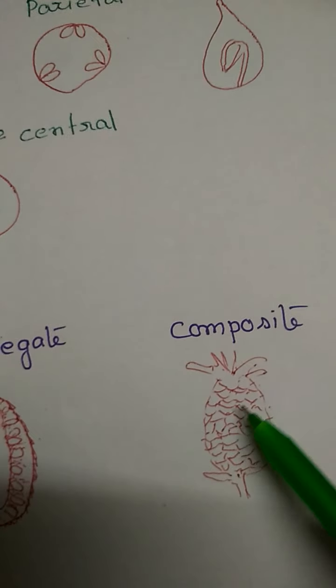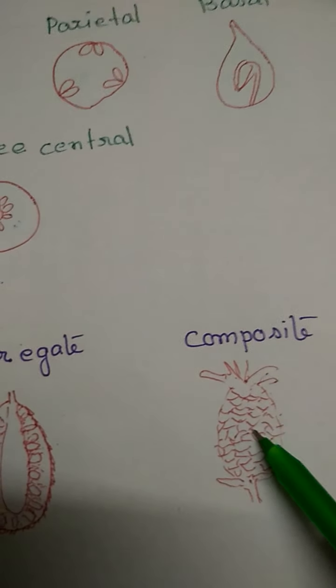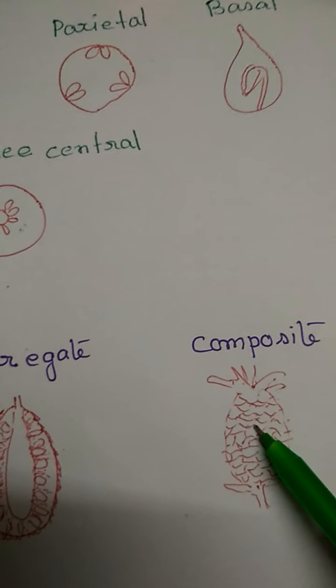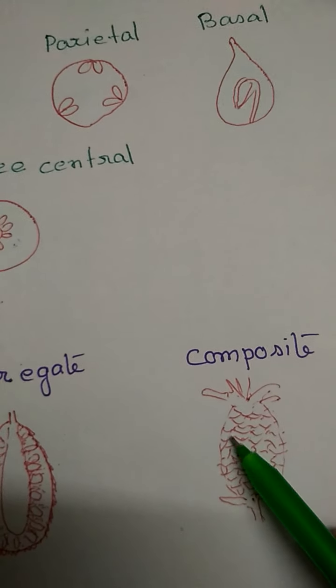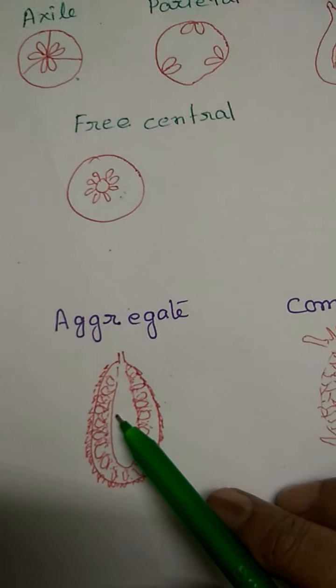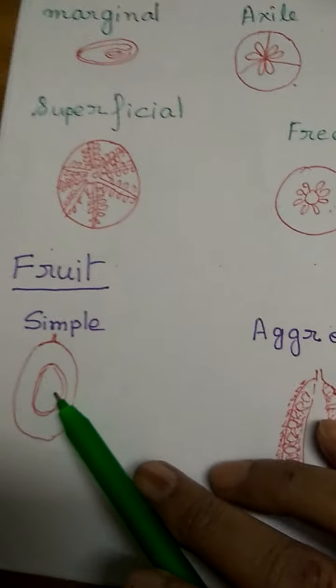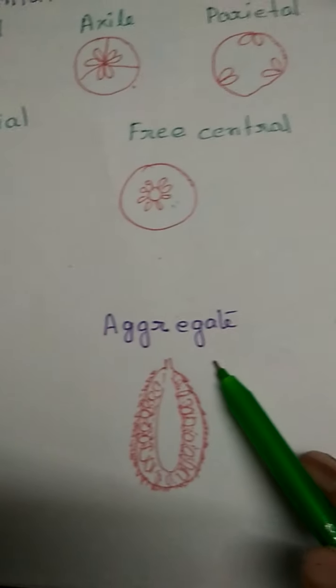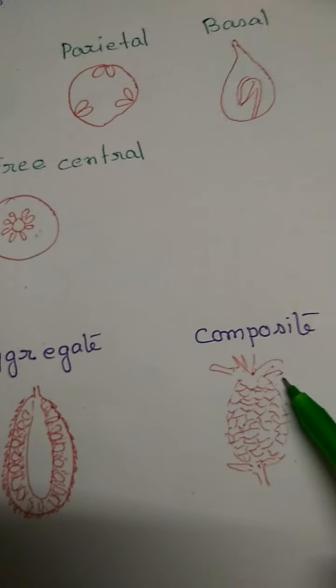And this one is composite, where the number is more. The example is pineapple, where a number of fruits are present. This one is jackfruit and mango. So in case of the fruit, it is simple, aggregate or composite type.